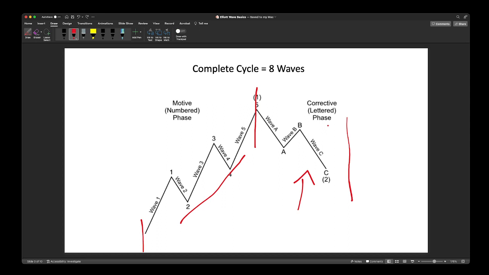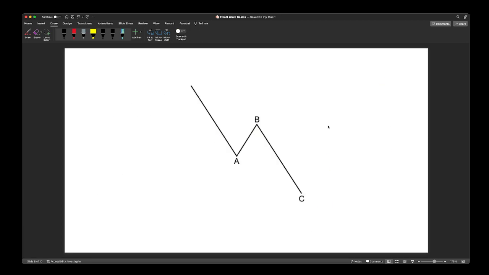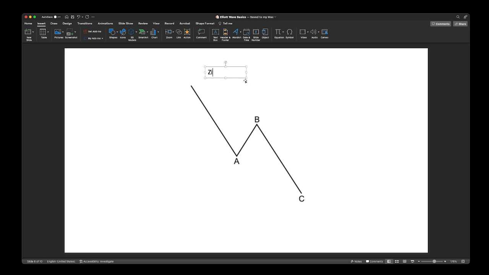Let's look at your most basic common pattern of the corrective wave. ABC. This is called a zigzag.